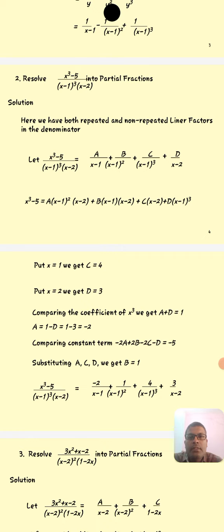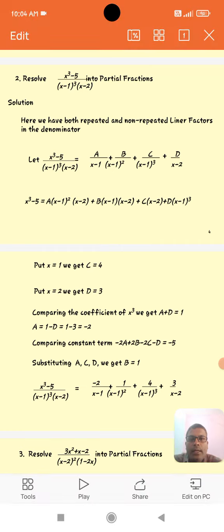So one factor is repeated, one factor is not repeated. Whenever the repeated factor and non-repeated factor are there, how to write the partial fraction format? Okay, we have to observe.